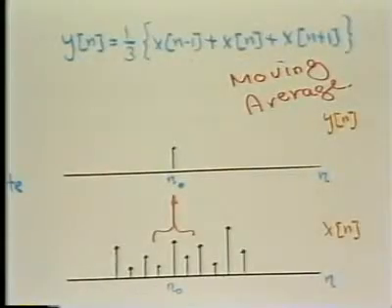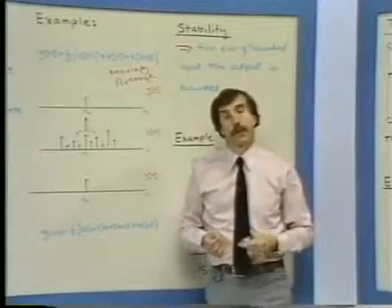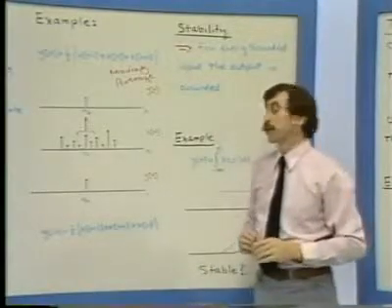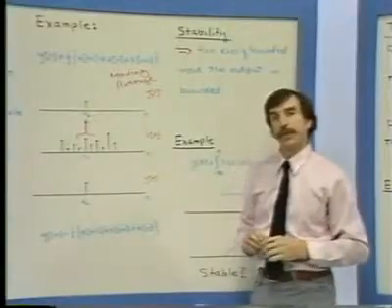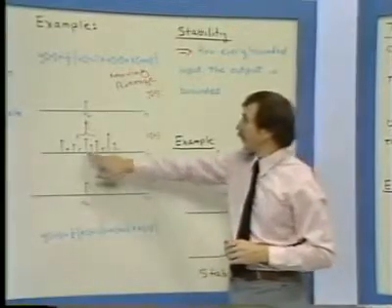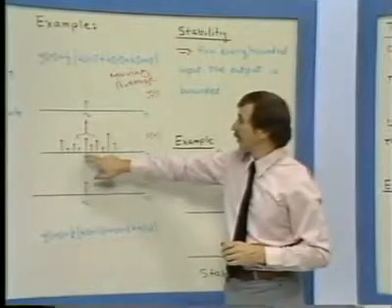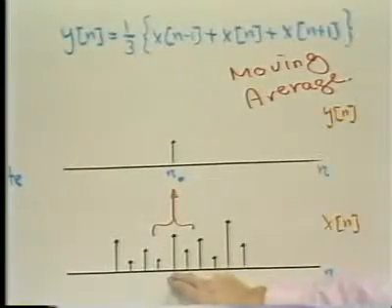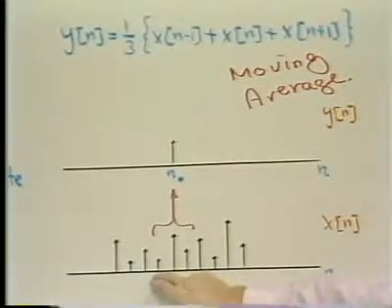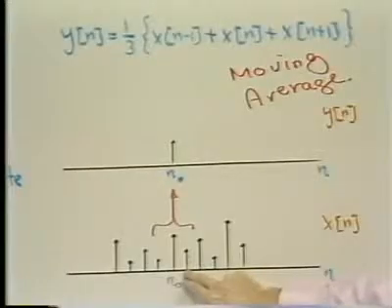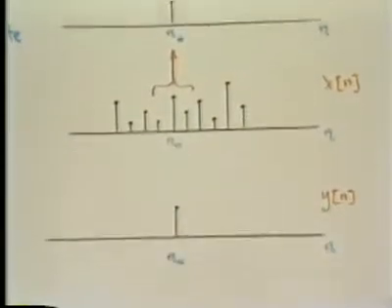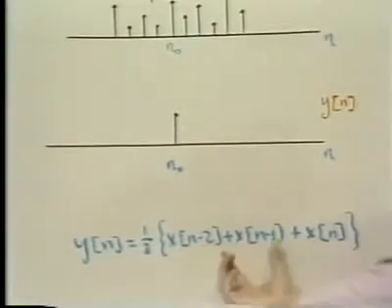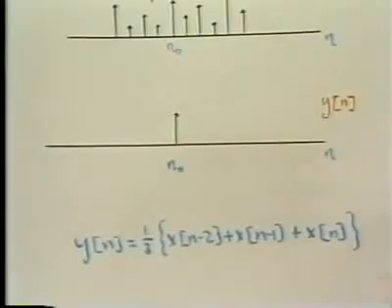Well, is the system causal? One way to answer that is to determine whether the output at any given time depends on future values of the input. And clearly, if you look at this, what you see is that the output at time n0 depends both on past values and on future values. As opposed to another moving average, which I've indicated here, where I've simply shifted the values that I combined together.